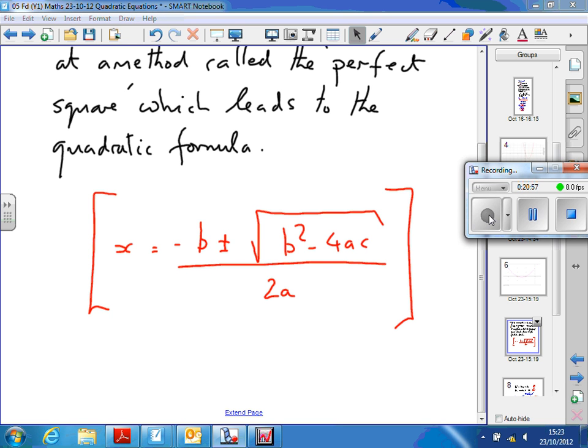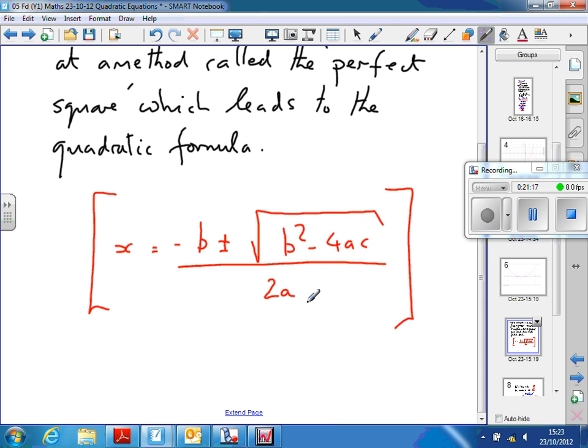Actually, probably not when a is 0, thinking about it, because if a is 0 underneath here, if I divide by 0, all sorts of weird things happen. With this formula, divide by 0, you get an infinite answer. So not when a is 0. But when b is 0 or c is 0, we could use this formula and work out the solutions.